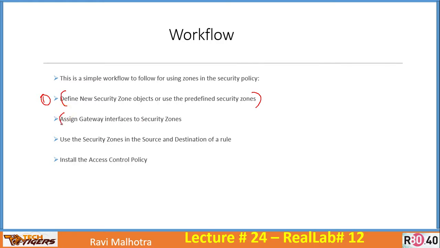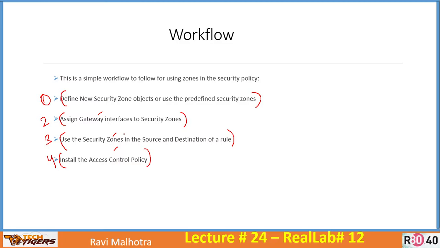Then you need to assign your gateway interfaces to these security zones. Then use the security zones in the source and destination of a rule base and then install the policy. One, two, three, four. Let me read that again. Define security zones, assign them to the interfaces, use them in the policy, and install the policy.